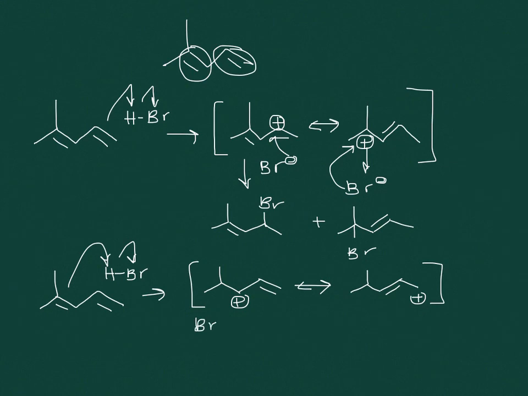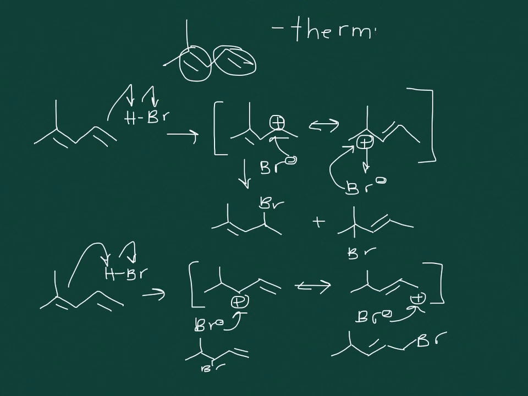And then we can have Br minus add to both. So as you can see, we have four different products here. And we need to evaluate what will be the thermodynamic product, and what will be the kinetic product.